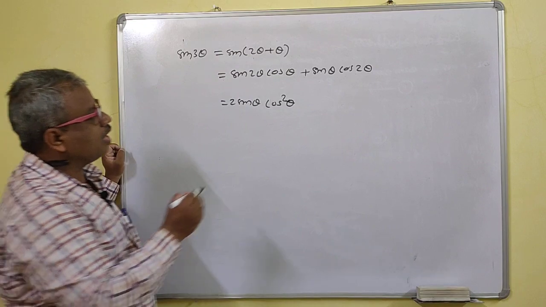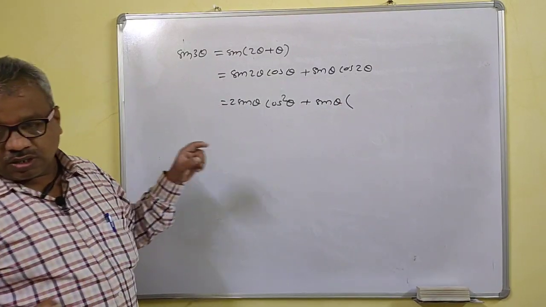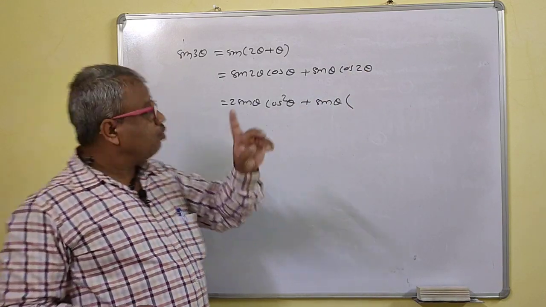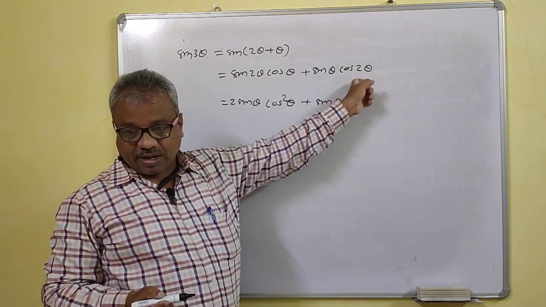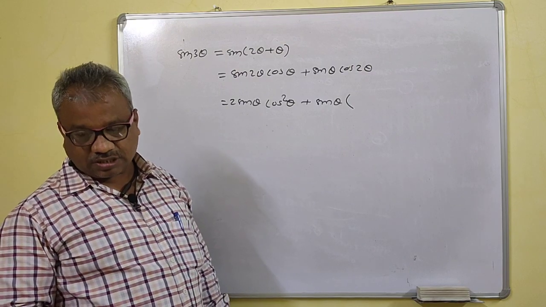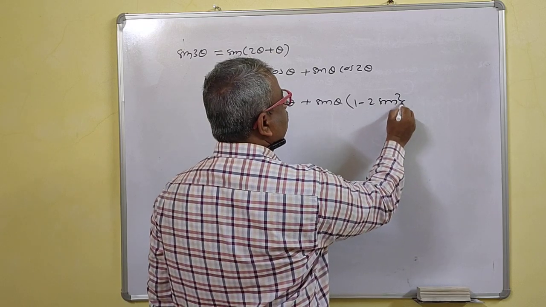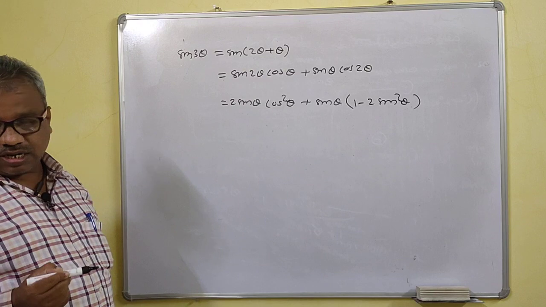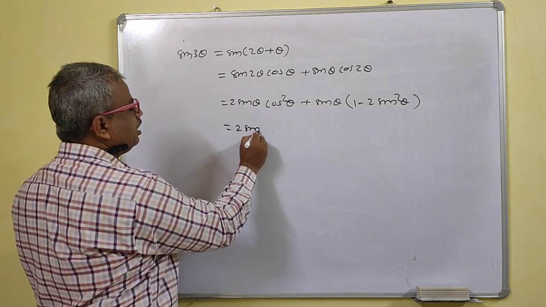Now plus sin theta into, you have the formula for cos 2 theta. There are 4 formulas for cos 2 theta, but we want the formula for sin 3 theta. So we write the formula for cos 2 theta in terms of only sin, which is 1 minus 2 sin square theta.